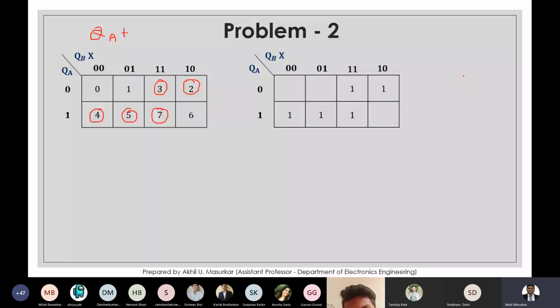Okay, so who will answer this question now? Srishti, can you answer this question? Srishti Sharma? Srishti, can you unmute and talk?